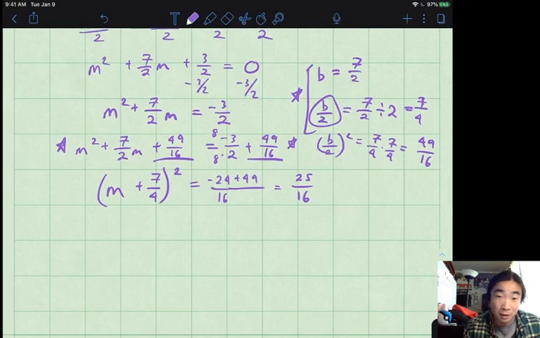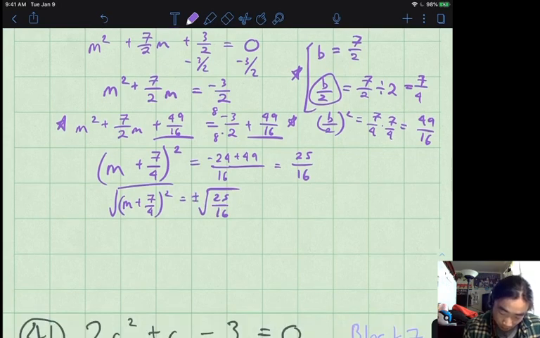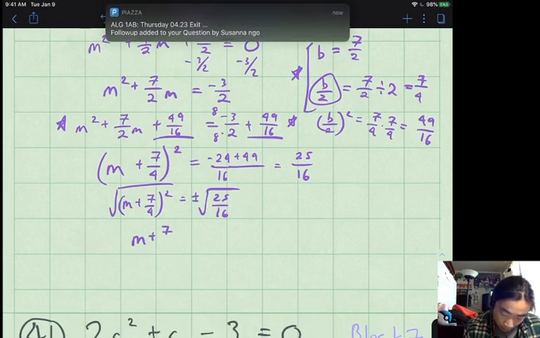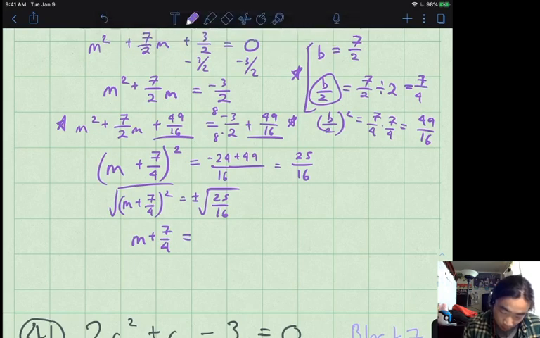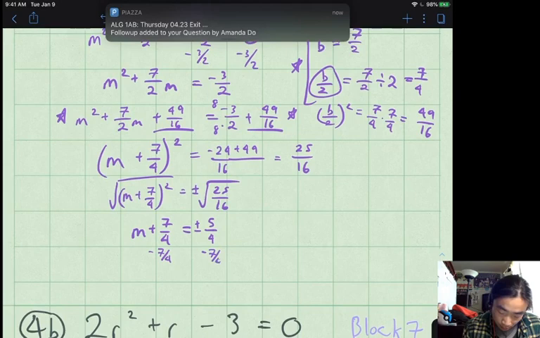That ends up being pretty nice, because when I take the square root of both sides, we know the square root of 25 over 16. M plus 7/4 equals 5 over 4, positive or negative. Take away 7/4 from both sides.